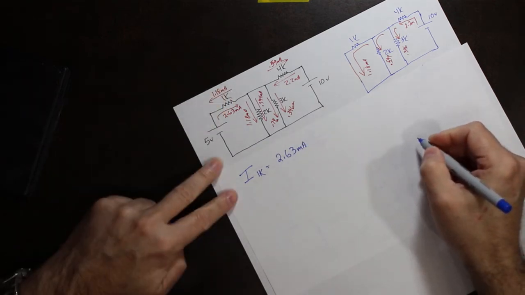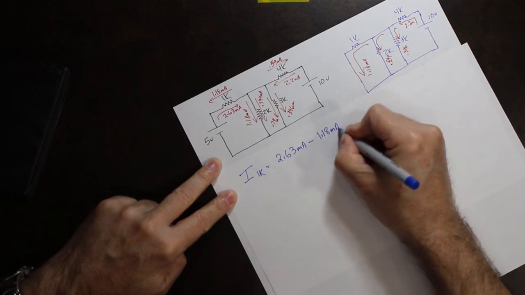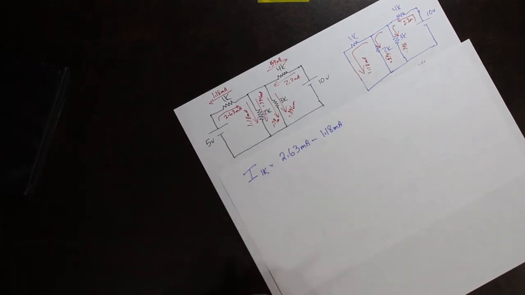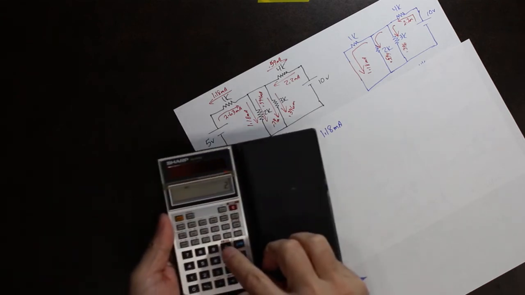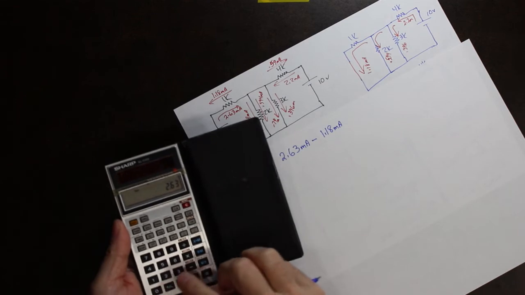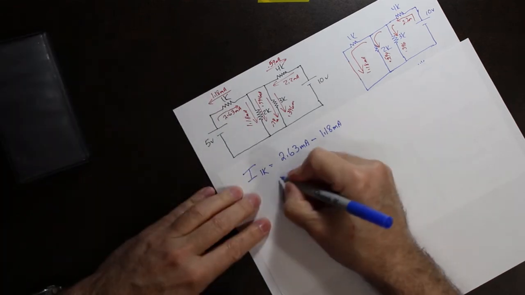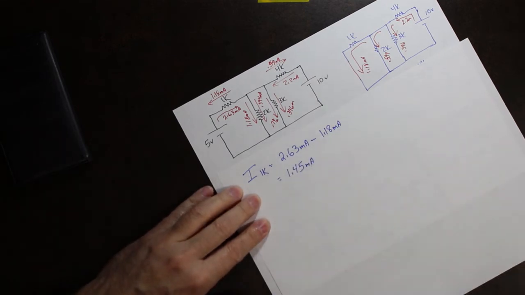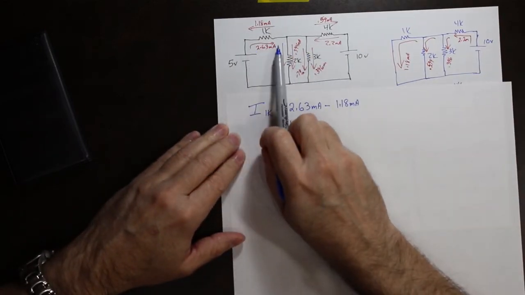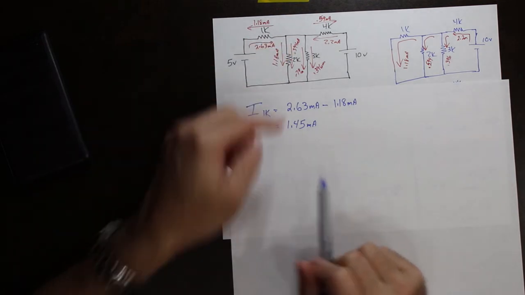And since they're going in opposite directions, minus 1.18 milliamps. So we have a magnitude here of 2.63 minus 1.18, 1.45 milliamps through the 1K. Which one is the dominant? This one. So that means that this current will be flowing that way through the circuit.